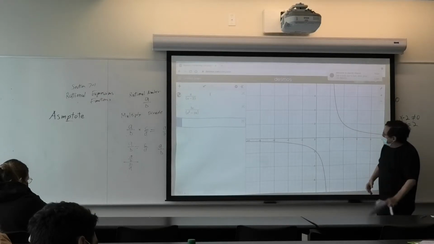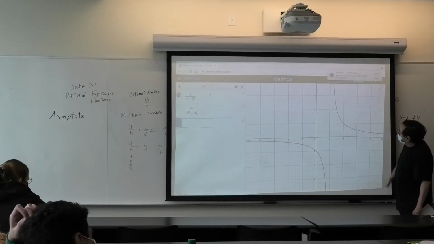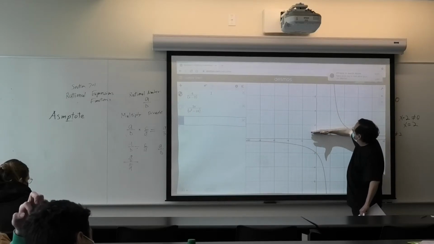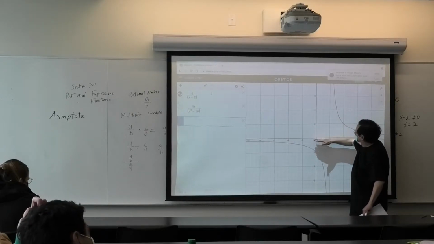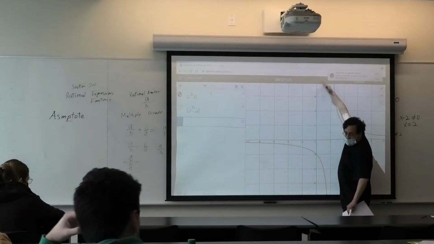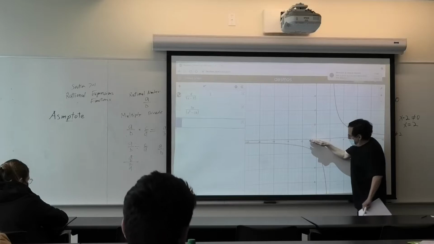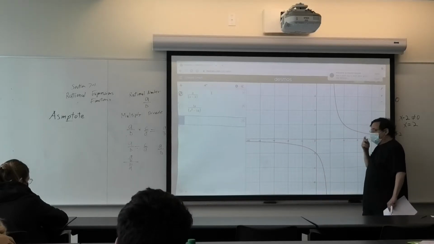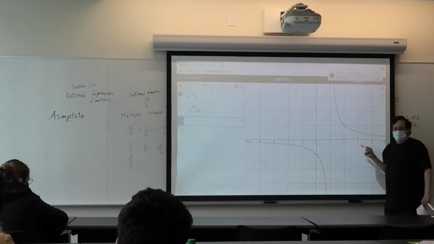Okay, so I was talking about the range. The range is the y values. So we see here that we get all the y values all the way up to infinity, and all the y values down to negative infinity. There's just one value which we never get.